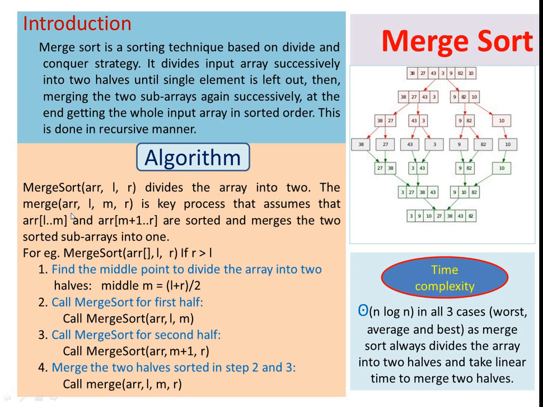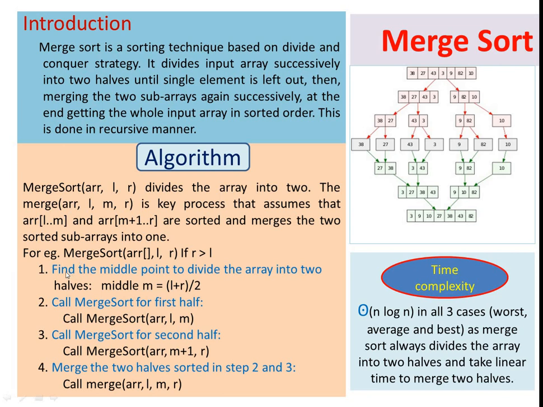Whereas the merge function accepts four values as parameters: the array, the leftmost index, the rightmost index put as R, and the middle index as M, which is the key process that merges the two subarrays, low to middle and middle to high, resulting in sorted order.